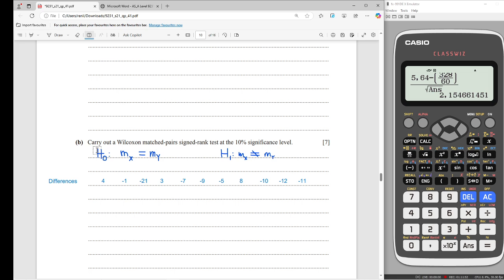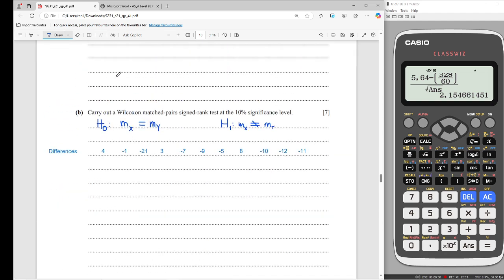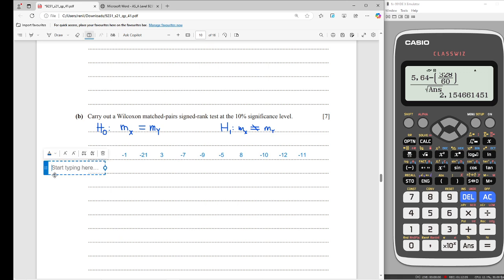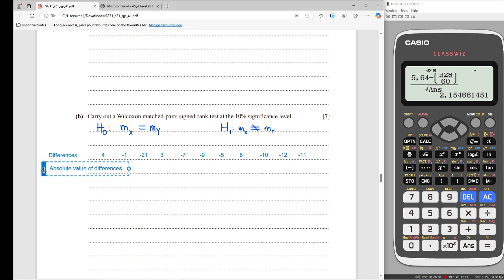Now we have to rank them. In order to make it as easy as possible to understand, we're going to take the absolute value of differences. Let's just take absolute differences.